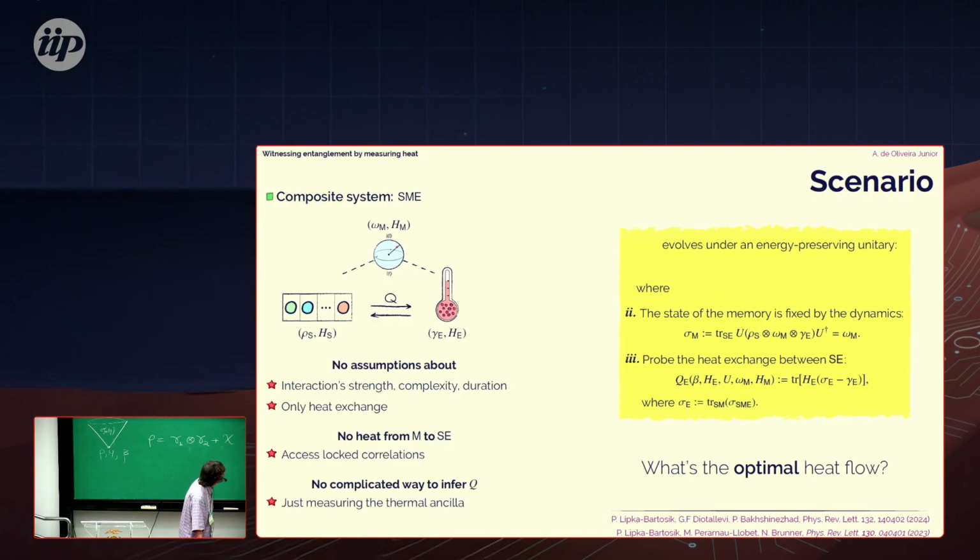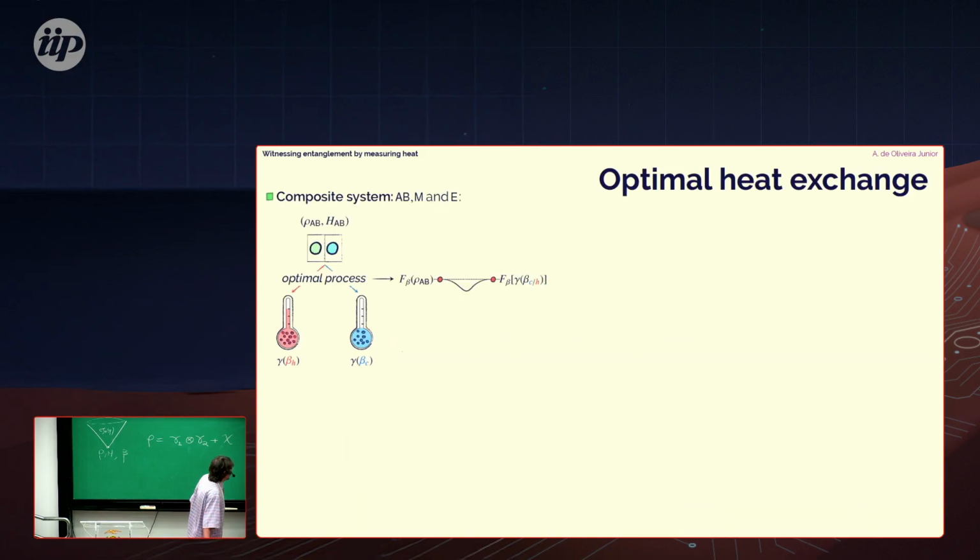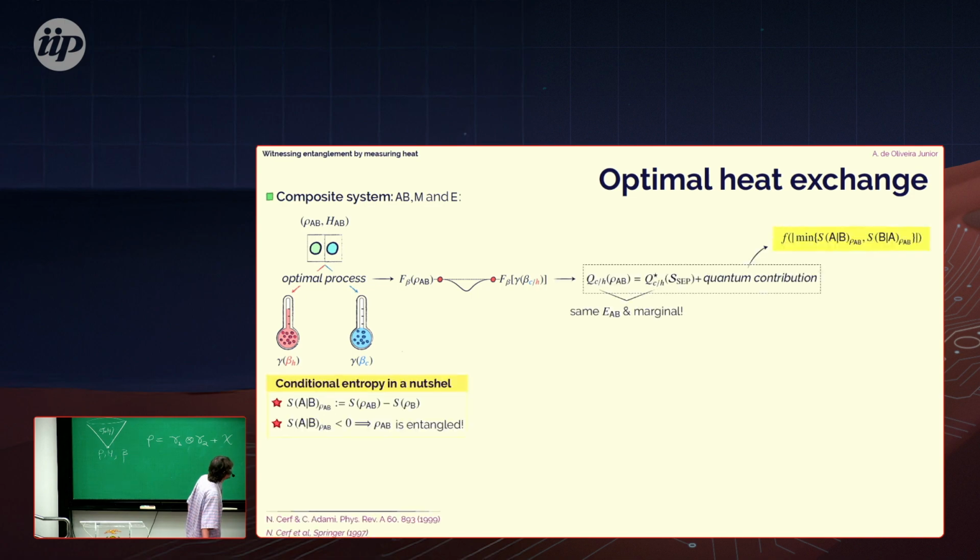Okay, there's a mistake there. Under this, we could ask what is the optimal heat flow in this situation, if we would like to probe the energy exchange. Let me flash this a bit fast, sorry for this. What we proved is that for this protocol, you can always decompose the energy exchange in this process as a sum of two contributions.